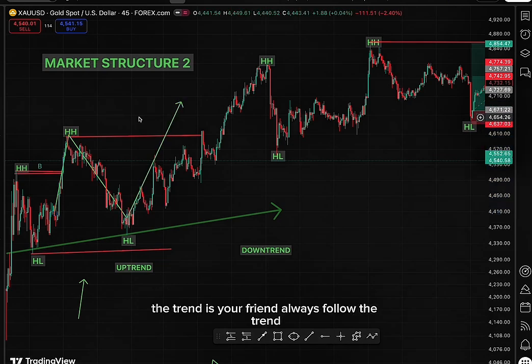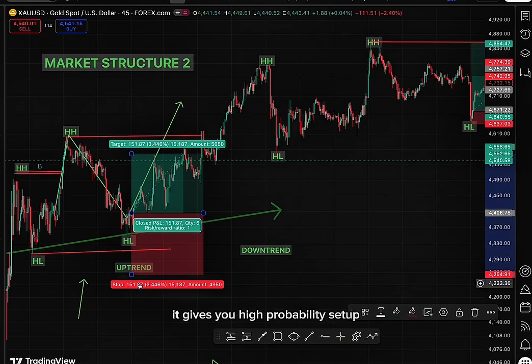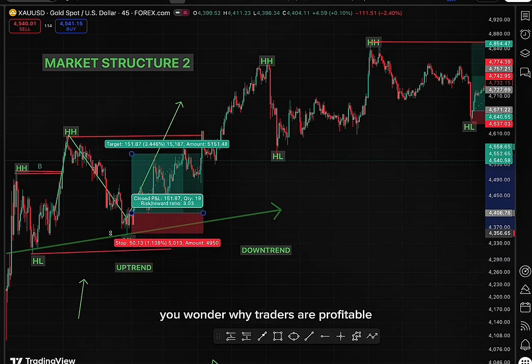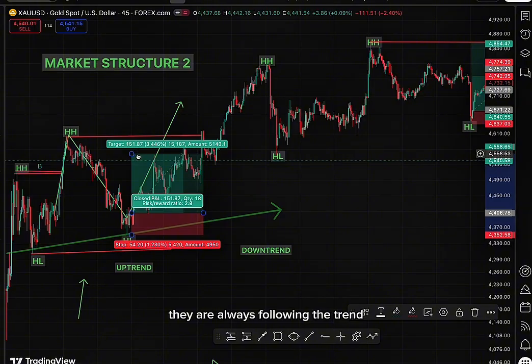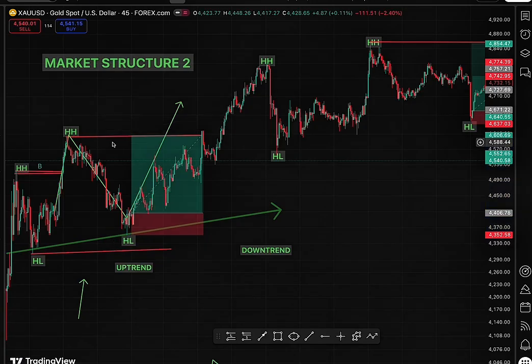The trend is your friend. Always follow the trend. It gives you high probability setup. You wonder why traders are profitable. They're always following the trend. Learn it. How do you learn it? You keep practicing it. Now you know what an uptrend is, right?